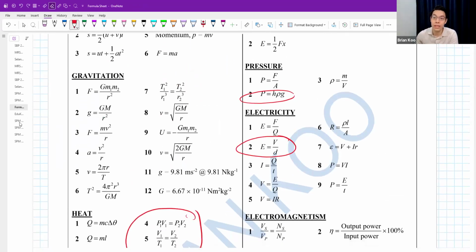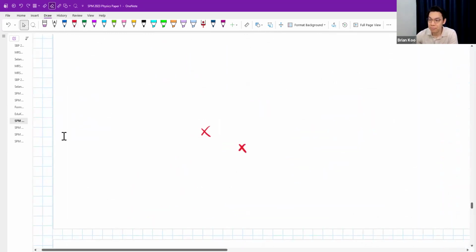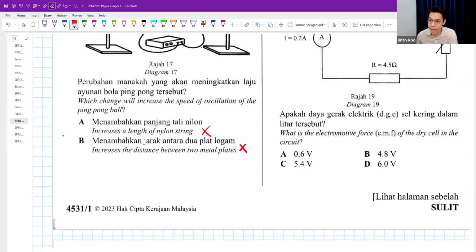E equals V over D. That is related to this. We say, hold on, it's lagging. Okay. We say, if you increase the distance D, the electric field strength is going to decrease. E stands for electric field strength.